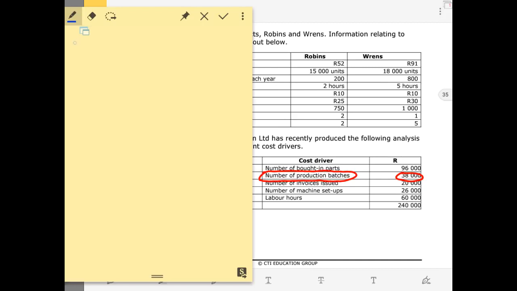Material handling rate. Remember, the formula says budgeted overhead divided by the budgeted base, of which the base in this case is the cost driver, being the number of production batches. Our total overhead is 38,000 that we need to allocate.